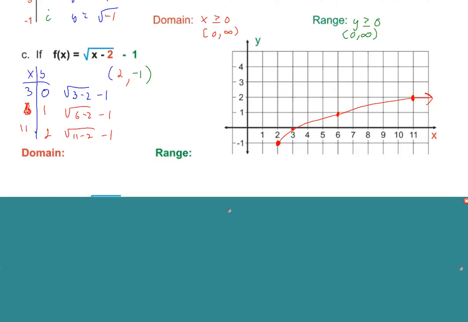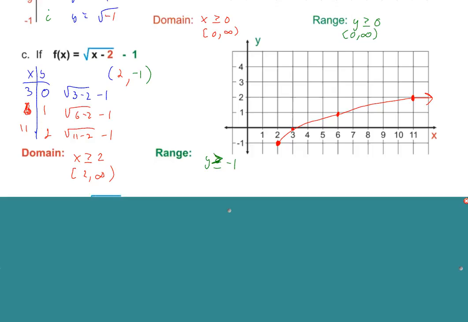So domain, right? Our domains start at 2, correct? The x values, the lowest x value is 2. So we're x greater than or equal to 2. And if you're going interval, bracket 2, comma, infinity, parentheses. And you could do the range. Y greater than or equal to, what's the lowest y value? -1. Y greater than or equal to -1.